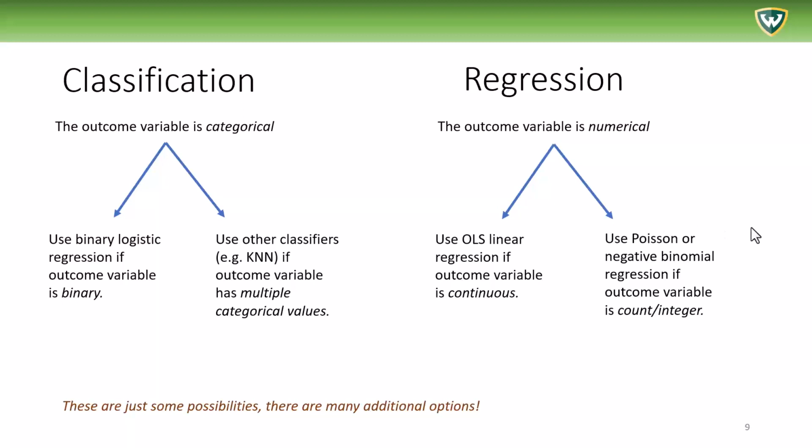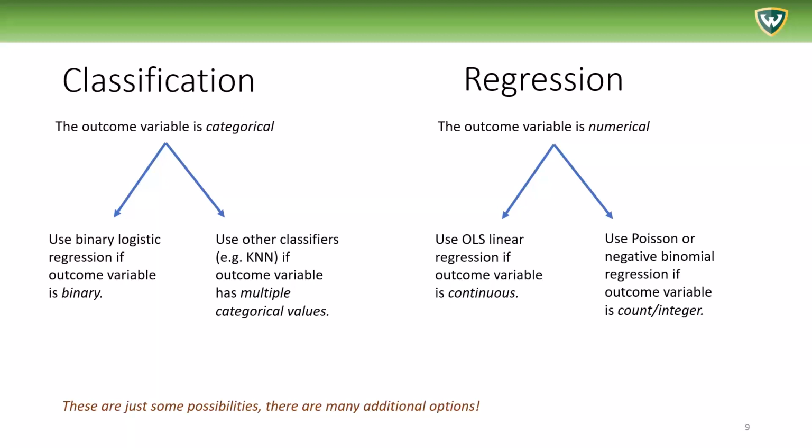But there are other models you can use when your outcome variable is not continuous but numerical. So, for example, the Poisson or negative binomial regression are employed in this context. Now, these are just some examples.